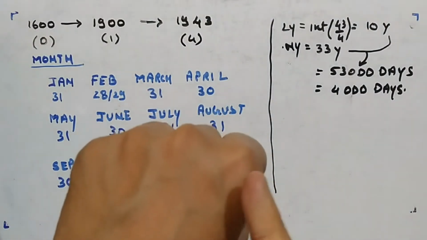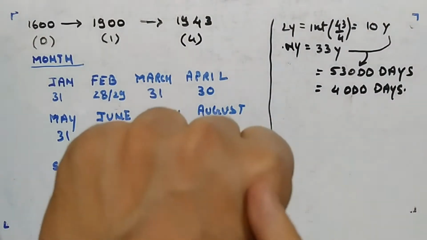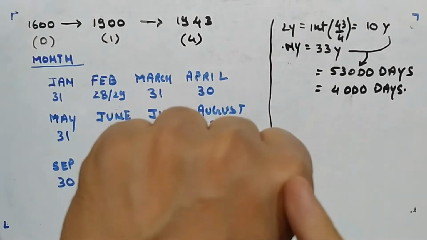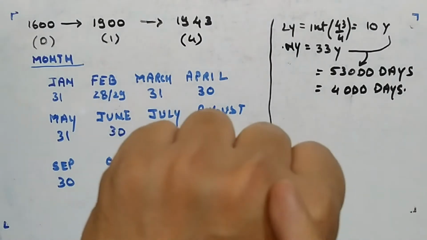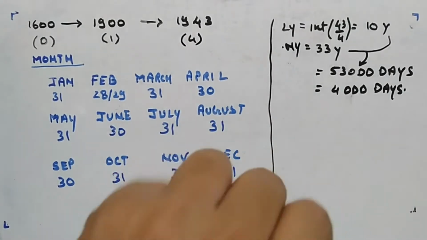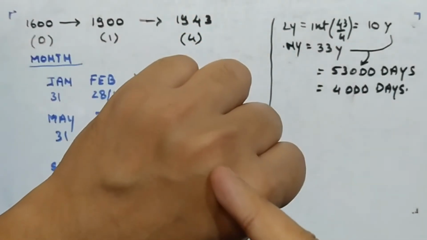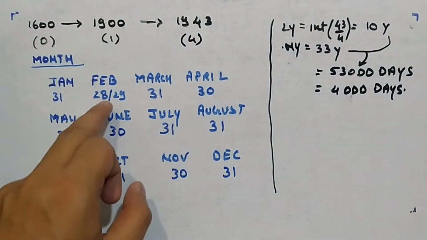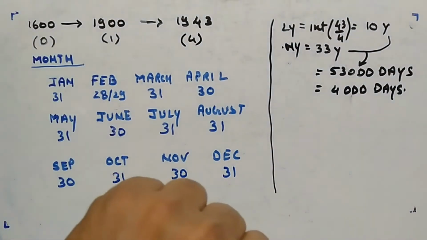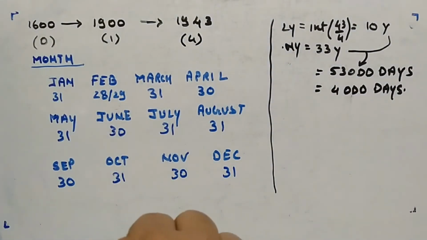I start with January from here, this bump. Then there is a gap here; if you close your fist you will see the gap. The gap means February, 28 or 29. Then the next bump is 31, then 30, 31, 30, 31, then 30, then 31 for July.